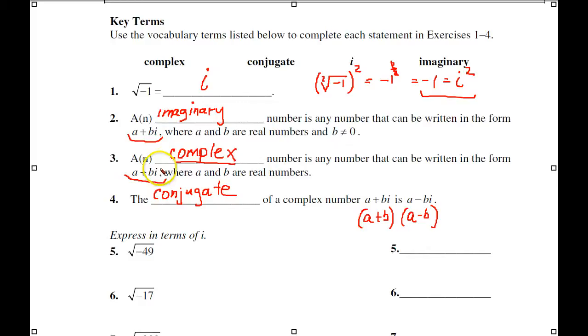Now, another thing we're going to use as we go through some of this is the conjugate. You recall the conjugate from earlier lessons, where you have two terms, one with a plus, one with a minus, and when you multiply them, the middle terms cancel out.